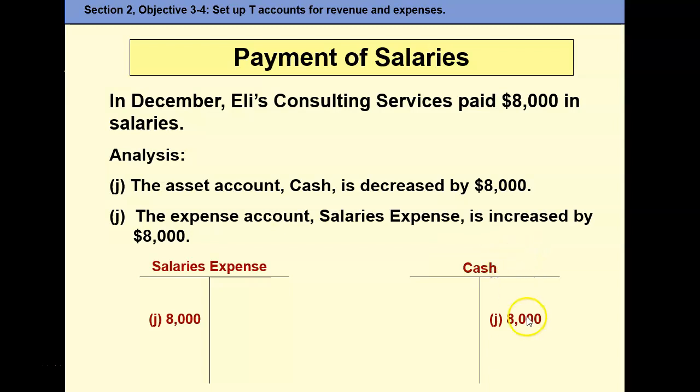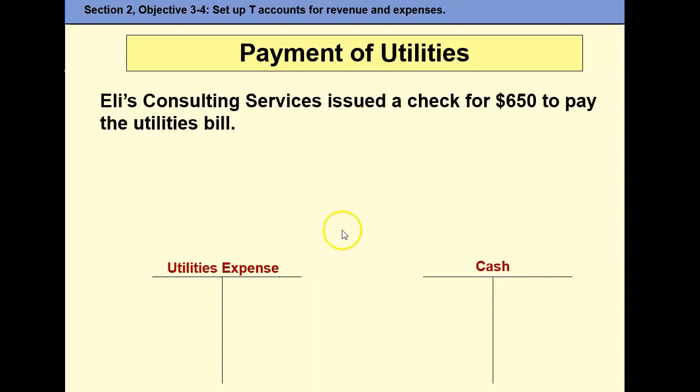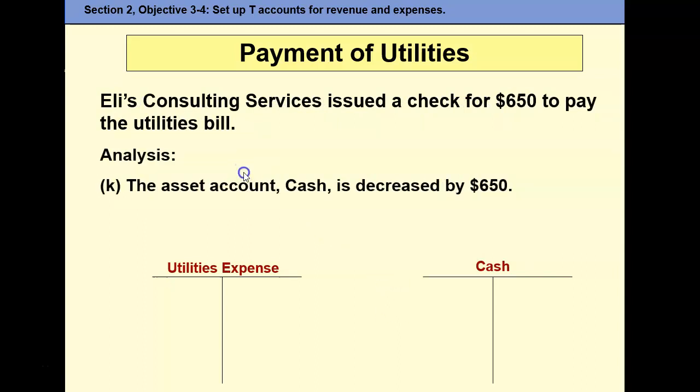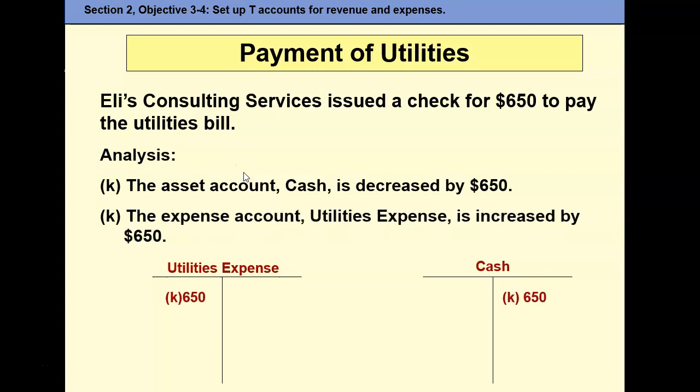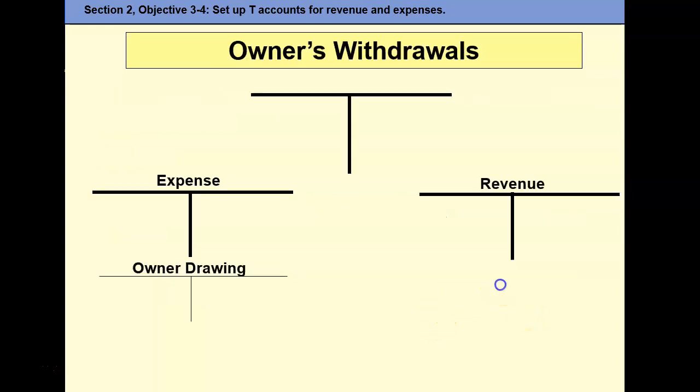Asset accounts decrease on the credit side. Next, we paid our utility bill in the amount of $650, and the accounts involved will be utility expense and cash. Once again, applying the rules of debits and credits, your expense accounts increase on the debit side, whereas your cash account is going to decrease on the credit side.